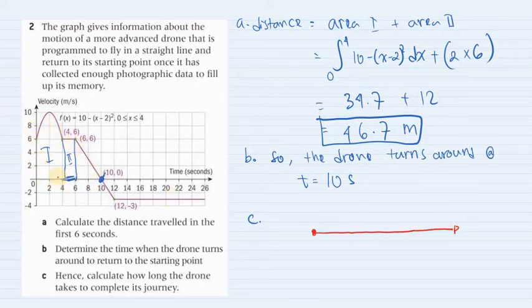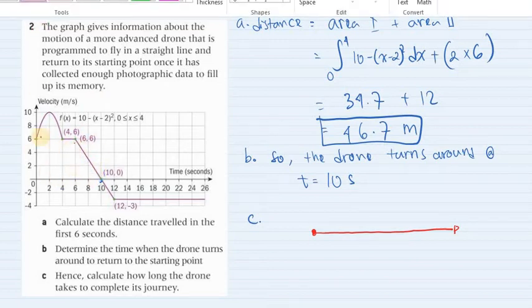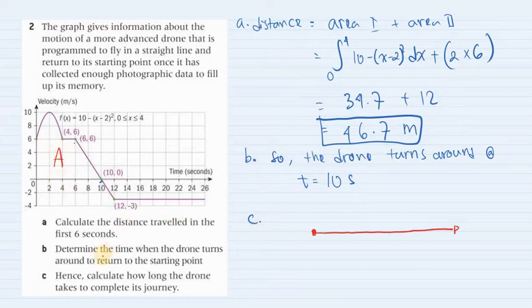This region, let's call that region A. During region A, the drone is going away from us, and then during region B, the velocity is negative. It is when the drone is going back to us. So in order for the drone to go back to us, the distance should be the same. So we have distance A is equals with distance B.